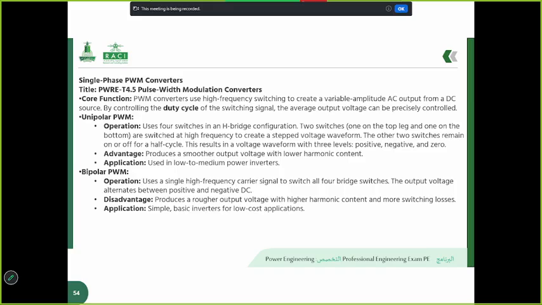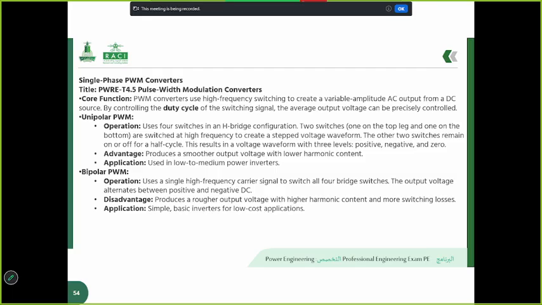And by varying this duty cycle in a sinusoidal pattern, the average voltage across the load can be shaped to resemble a sine wave. So the use of PWM allows for efficient and precise control over the output voltage and frequency, which is a key requirement for modern inverters.